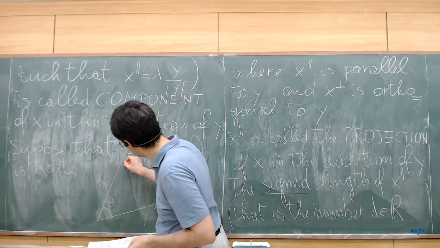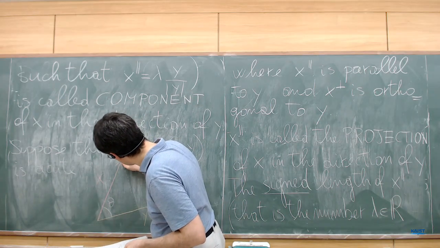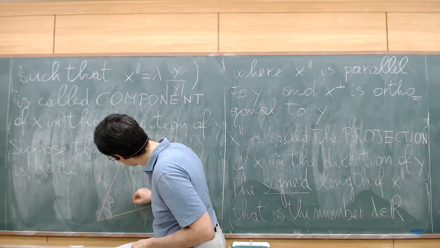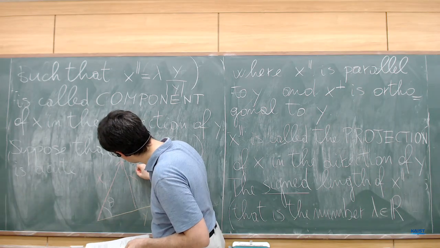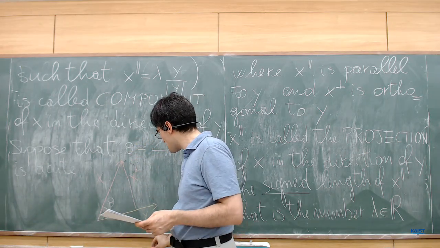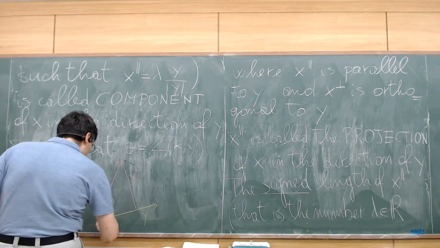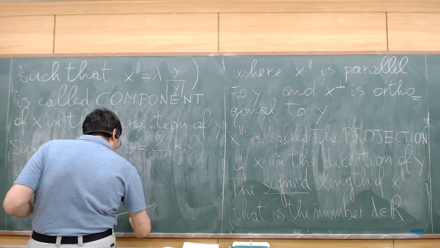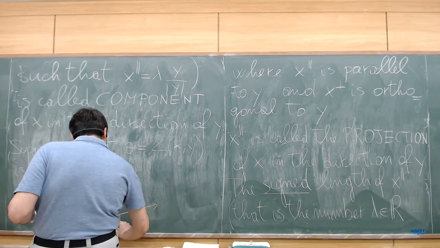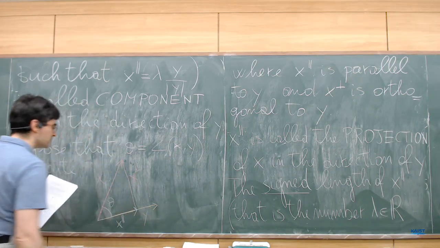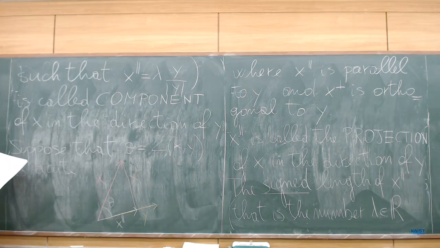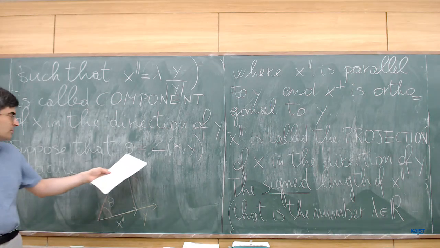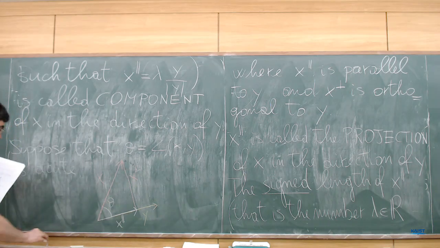The first one is this. This will be x orthogonal. And the second one is this. This will be x parallel. What about instead when the angle is obtuse?